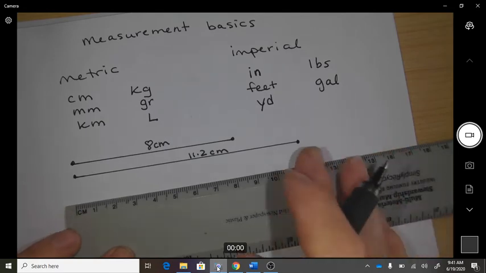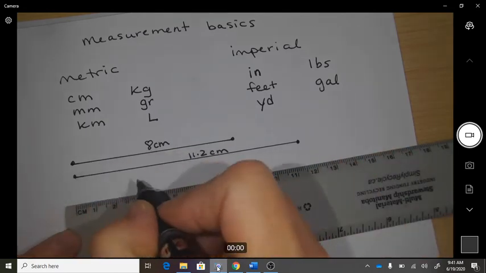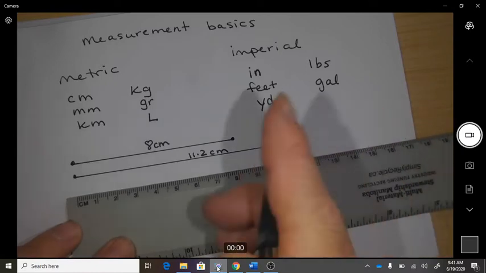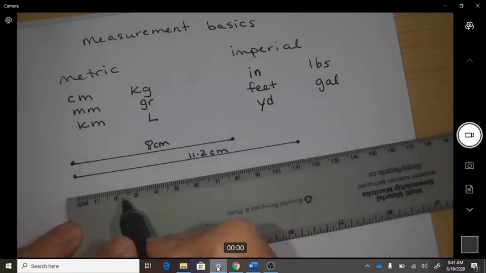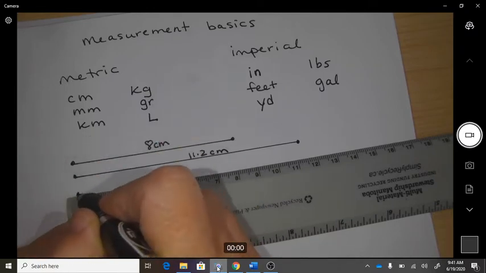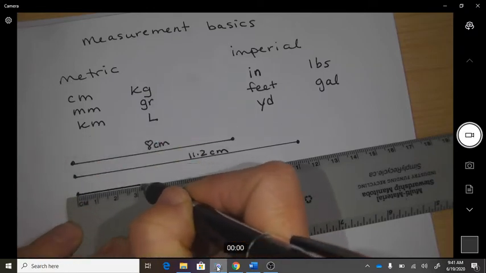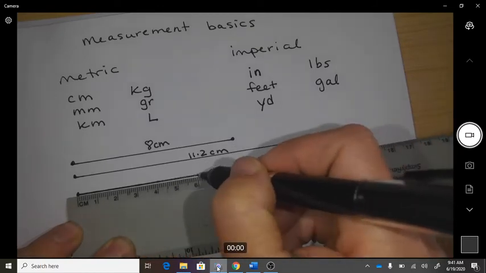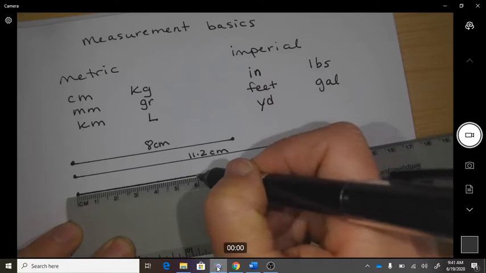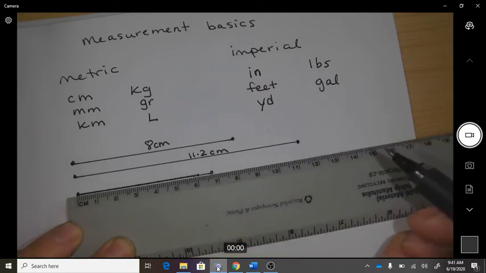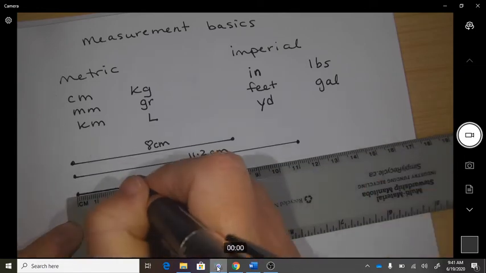Okay, if I wanted to do 67 millimeters, so in every centimeter there's 10. So 67 would be 10, 20, 30, 40, 50, 60 millimeters, and then I go 7 more. So 67 millimeters.